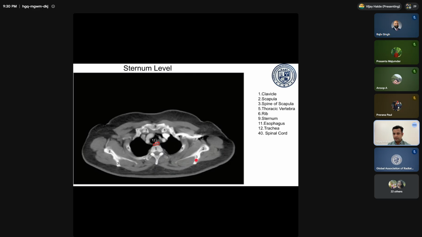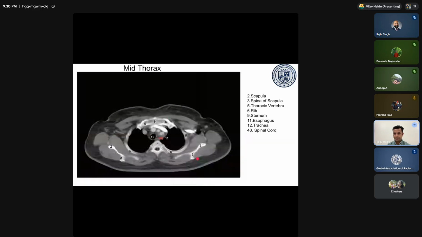This is the scapula. So here the thickness of the esophagus will be very less. The esophagus is shown by number 11. This is the trachea, spinal cord, sternum.